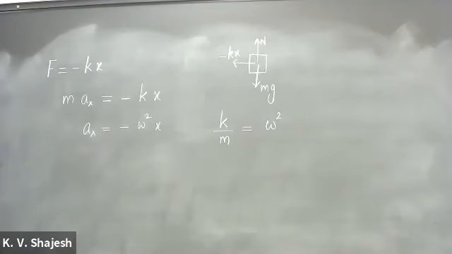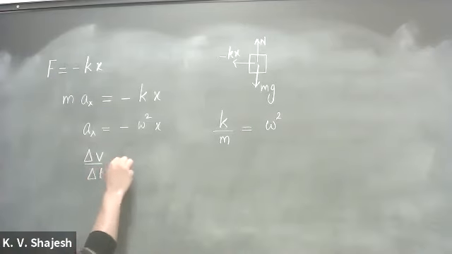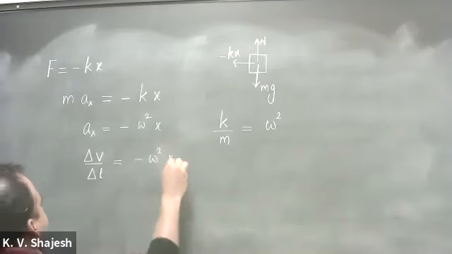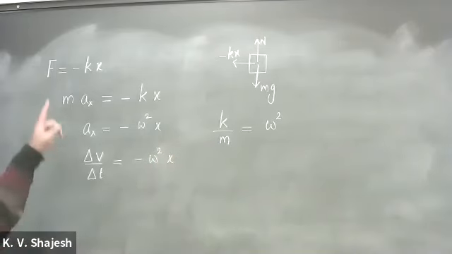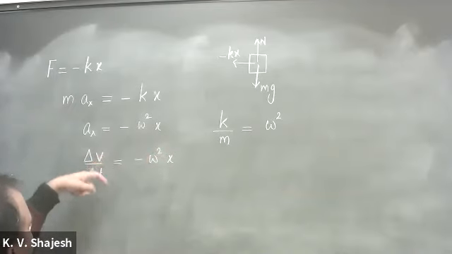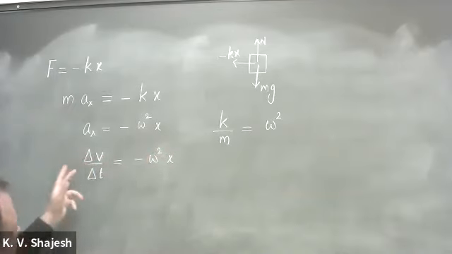Let's think about this a little more. Acceleration is change in velocity over change in time. That's equal to minus omega square times x. Right, so here we have position, change in position is velocity, change in velocity over time is acceleration.